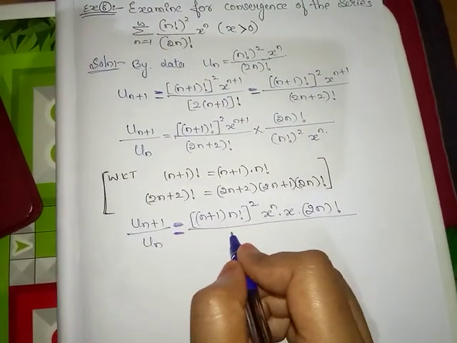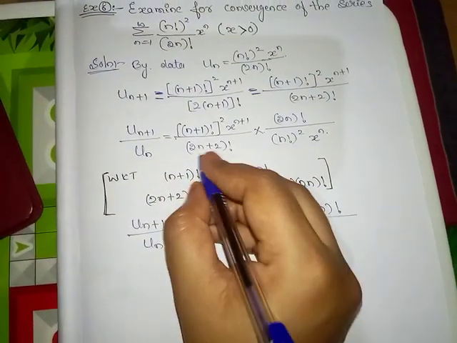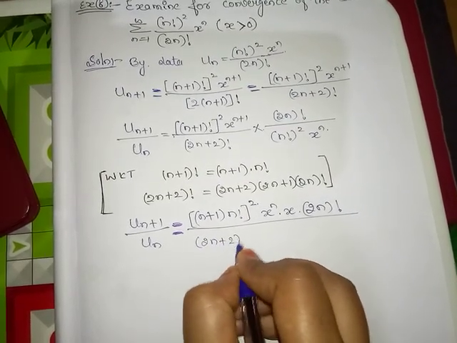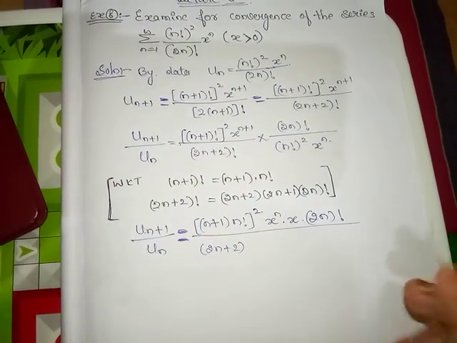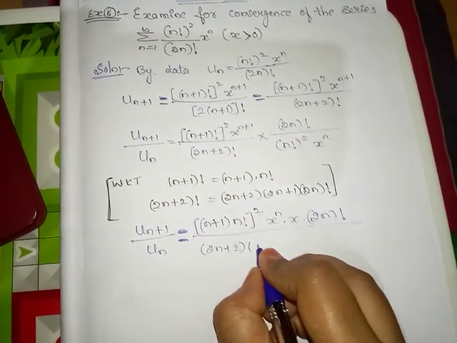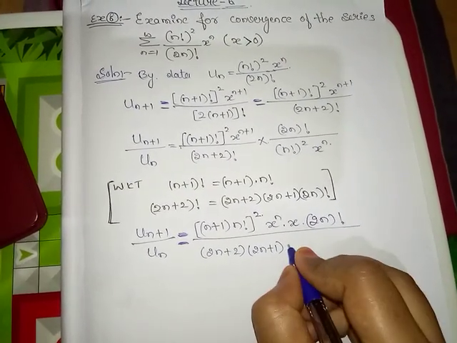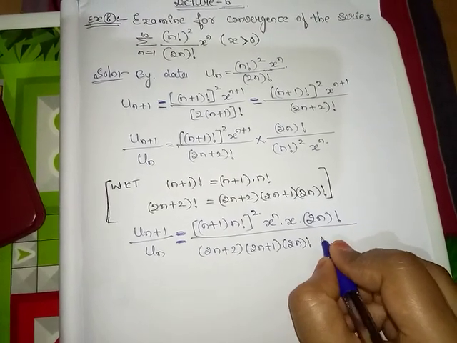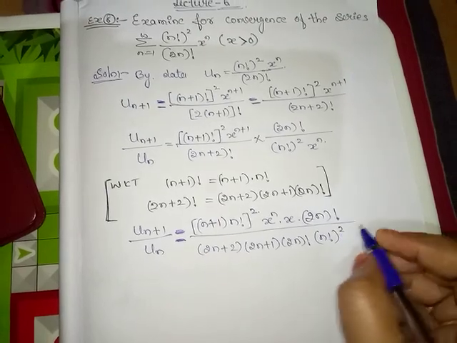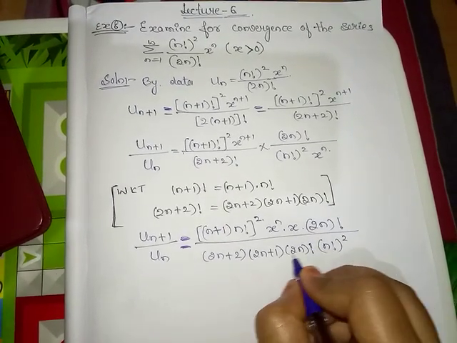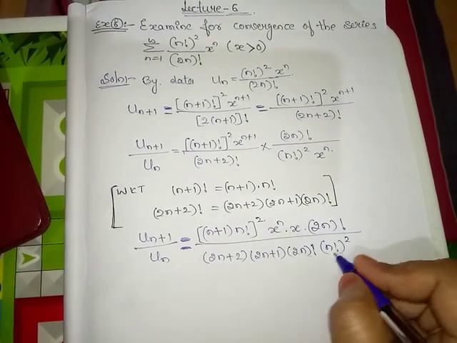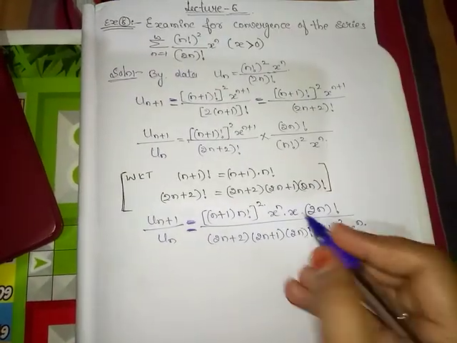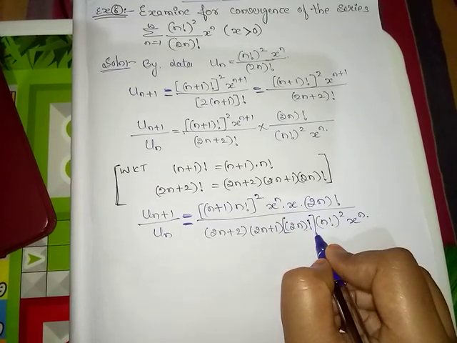Now the numerator terms: this one can be written as 2n plus 2, 2n plus 1, 2n factorial, and this is n factorial square. This factorial is only for this 2n factorial, into x raised to n.